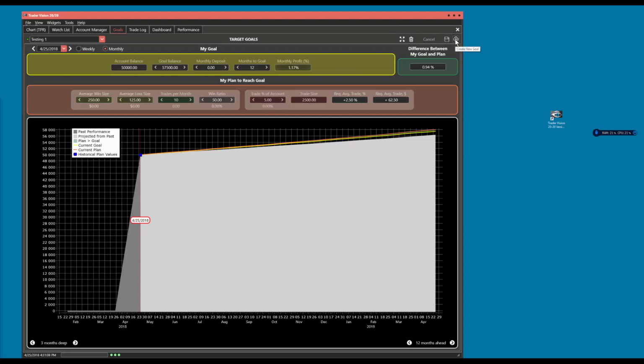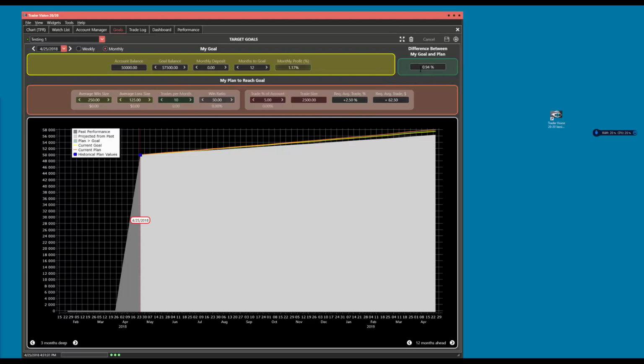You would just click the plus, set the date to a date in the future, and do the same process. Set your longer-term goal, the plan to get to that goal, and then play with the parameters till you have beat your goal by a small amount.